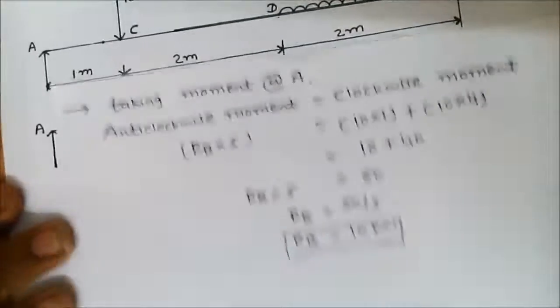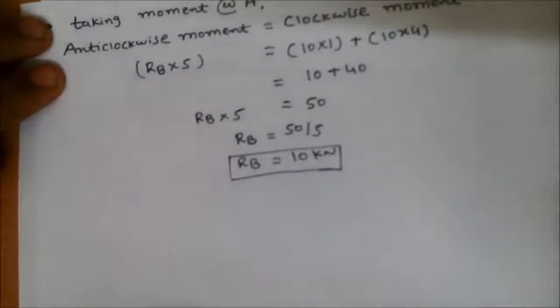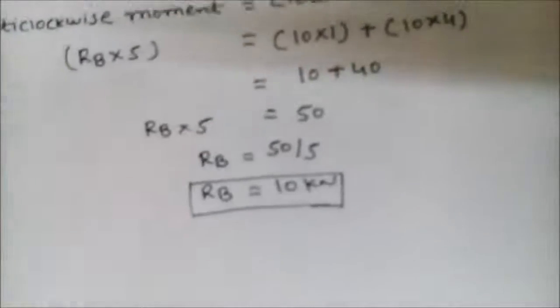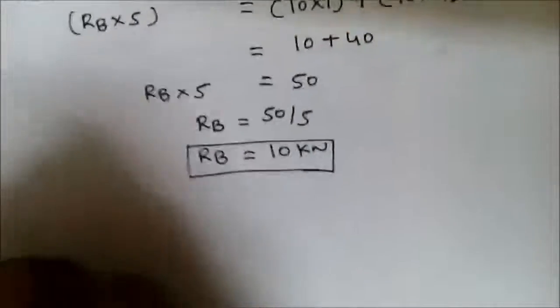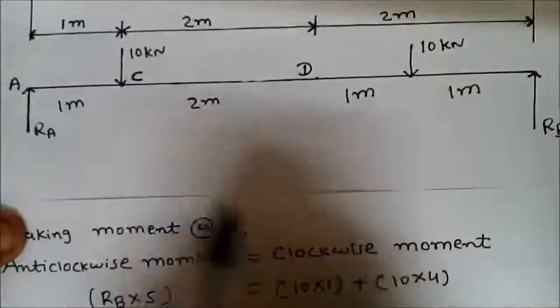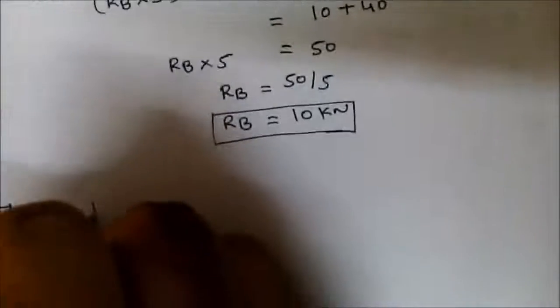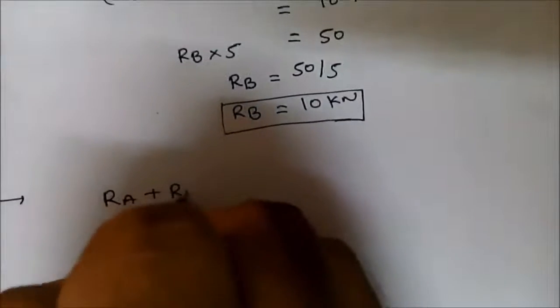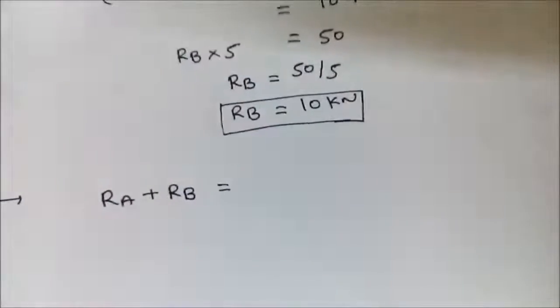In the second step, summation of upward force is equal to summation of downward force. The upward forces are RA and RB. So RA plus RB is equal to the total load.